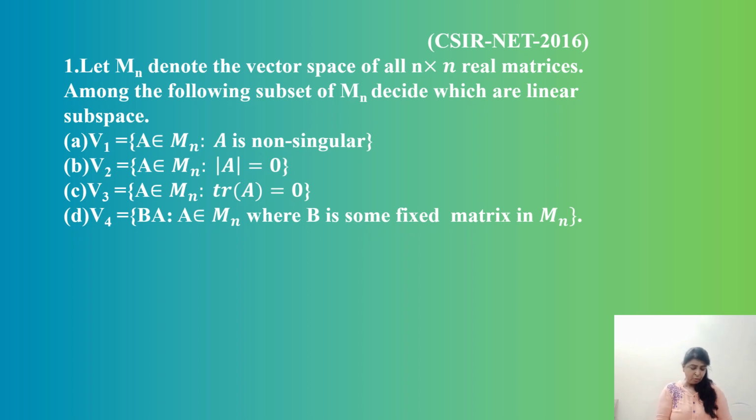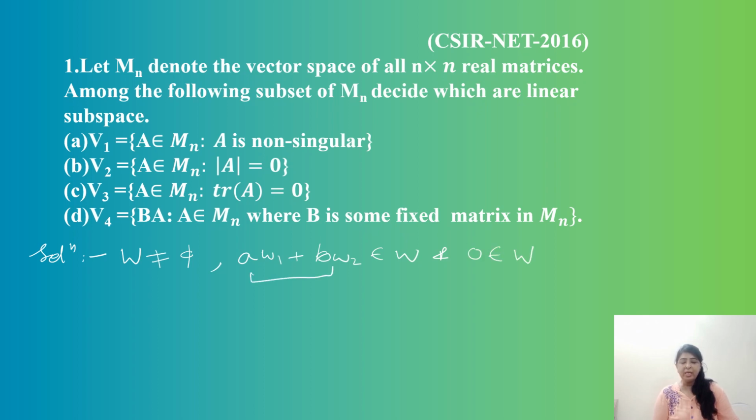We know that if W is a non-empty set, then W is said to be a linear subspace if a W1 plus b W2 belongs to W, and also 0 should belong to W, or this can be taken as W1 plus W2 belongs to W, and a into W1 belongs to W. So any non-empty set which satisfies this condition, along with 0 belonging to that set, is said to be a linear subspace.